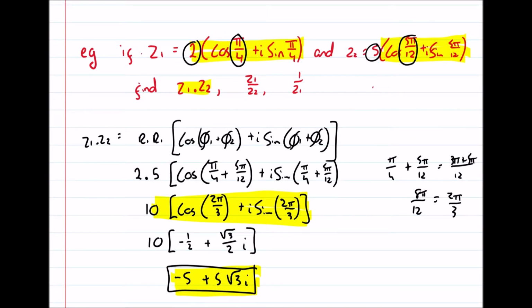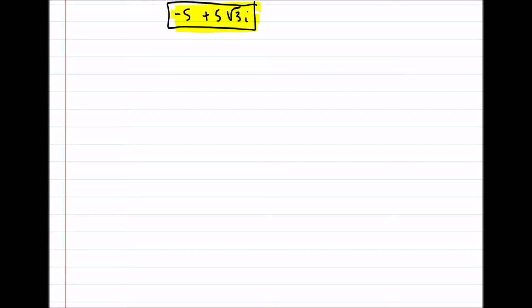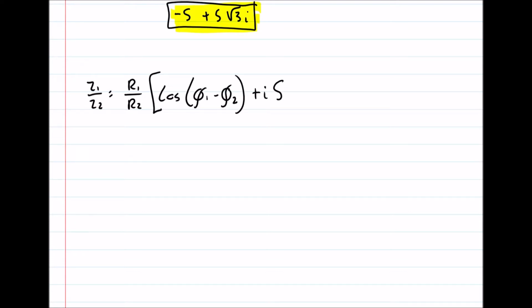Right, next one. They want to find out Z1 divided by Z2. So Z1 divided by Z2 equals radius of Z1 over radius of Z2, cos (theta 1 minus theta 2) plus I sine (theta 1 minus theta 2).